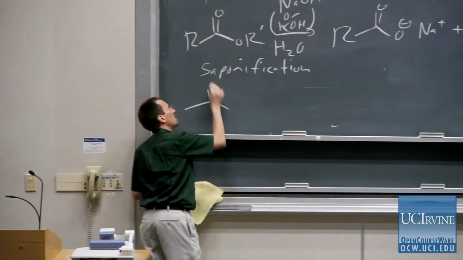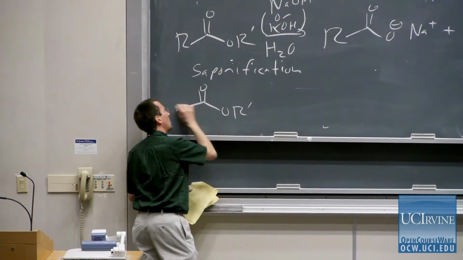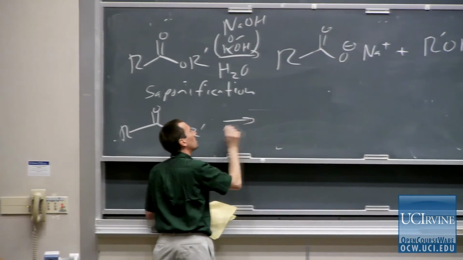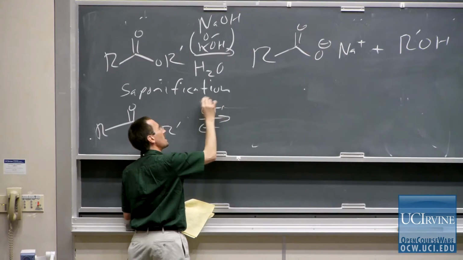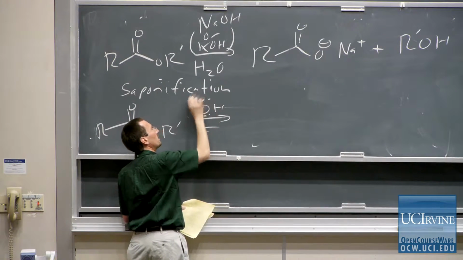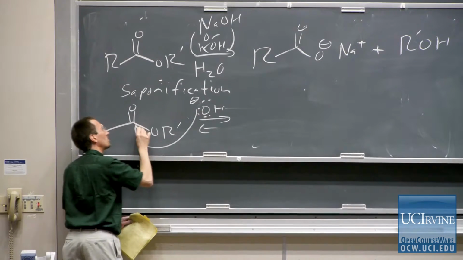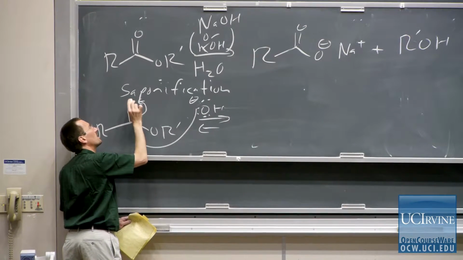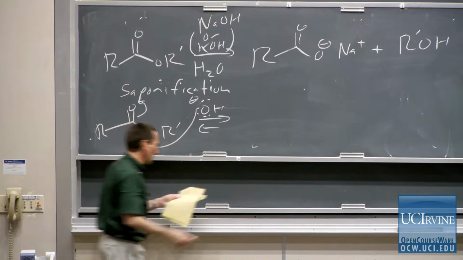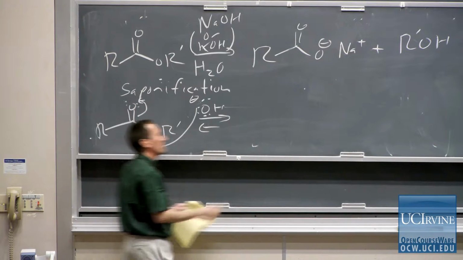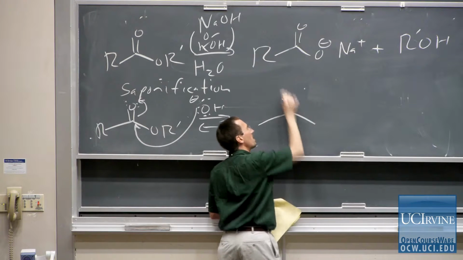In other words, here's our ester group. Hydroxide is a good base, a relatively strong base. It's a good enough nucleophile. It attacks our carbonyl. I'll give you a little bit of an abbreviated mechanism here, only showing relevant lone pairs.